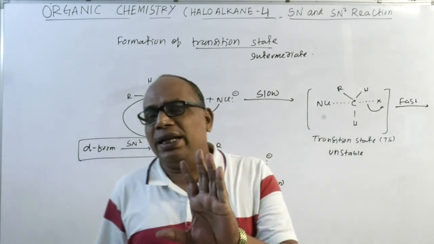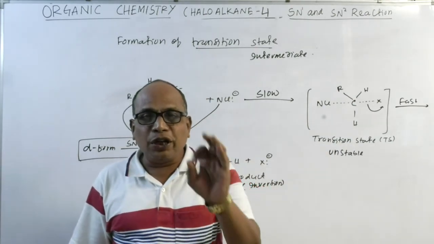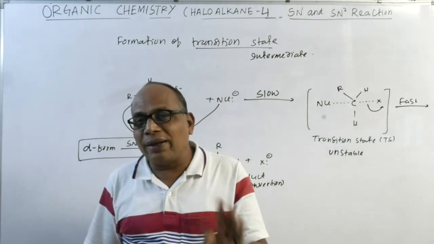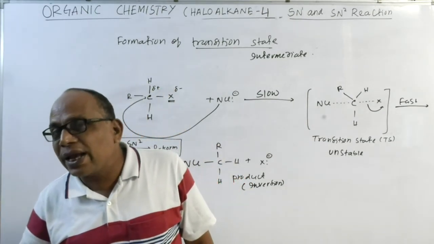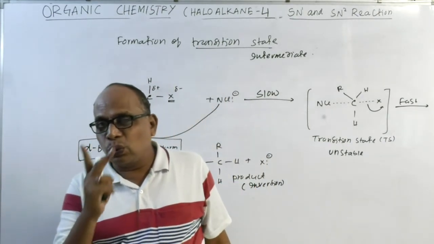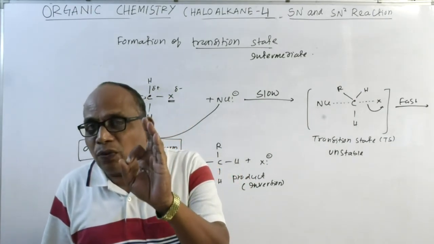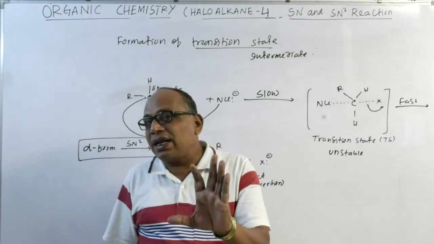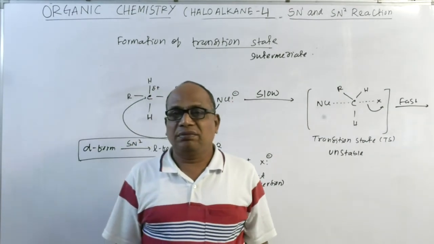Second difference, in SN1 reaction the molecularity is 1, order is 1, but in SN2 reaction the molecularity is 2, order also 2. That means in SN1 reaction, the reaction is initiated by only the alkyl halide.